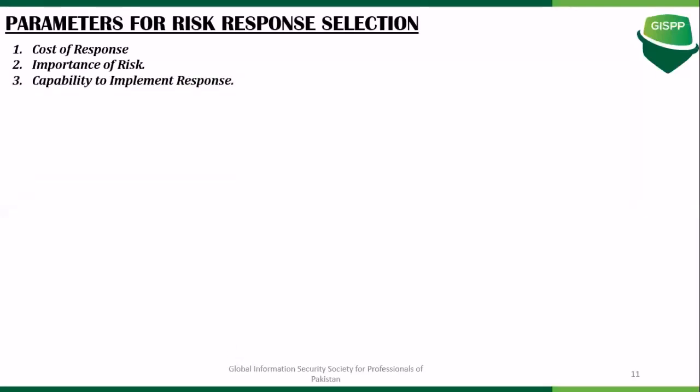The third thing is the capability to implement a certain response. When organizations are mature in risk management processes, they usually go for more sophisticated responses. But when organizations are rather rookie, I would say, they go for some basic responses.